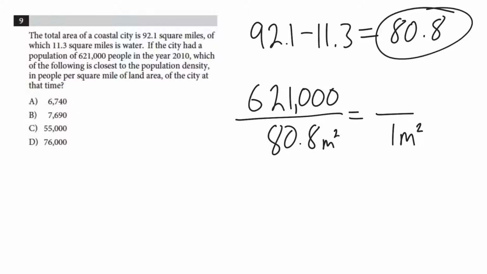Okay, so I'm going to do it on my calculator. 621,000 divided by 80.8. And we see that there is a population density of 7,680, and I'm going to round to the nearest whole person, 86 people per square mile. And that is closest to B. B at 7,690 people per square mile.